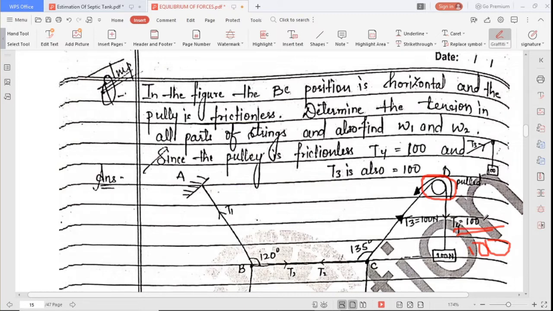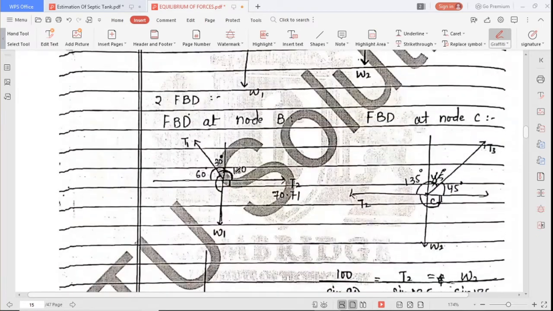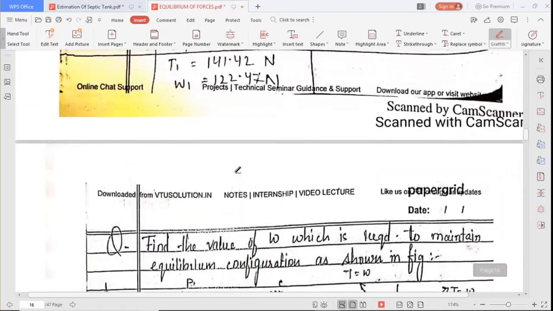If T4 is 100, because the pulley is frictionless, T3 is also 100. So the T3 force is also 100. For this, the value was given since the pulley is frictionless. So same as before, with T3, take the FBD at C and the FBD at B, solve for the forces, and you will get the answer.